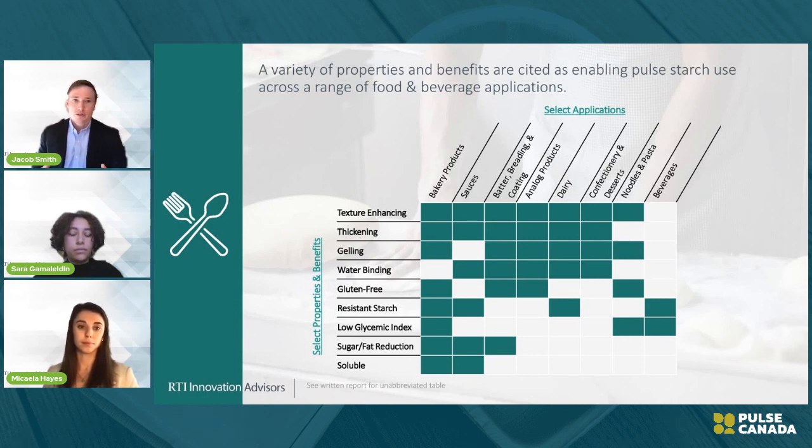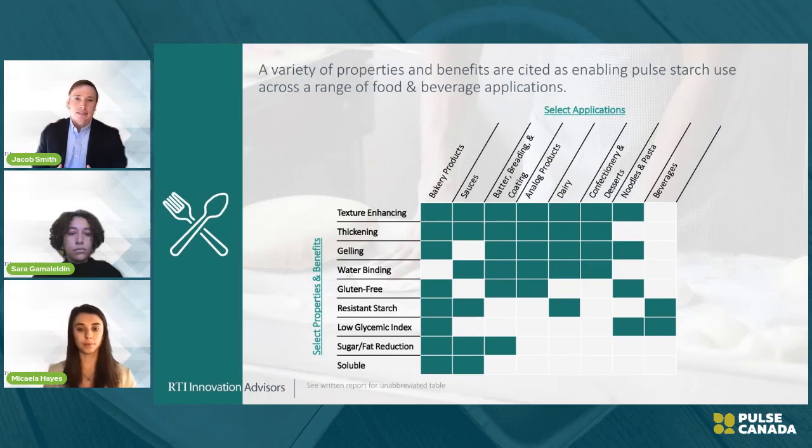When you look a little bit further down the list, you'll start to see some interesting things and benefits emerge. Things like gluten-free, things like resistant starch, low glycemic index, or being used in sugar or fat reduction strategies for products, and some mentions of solubility as well.